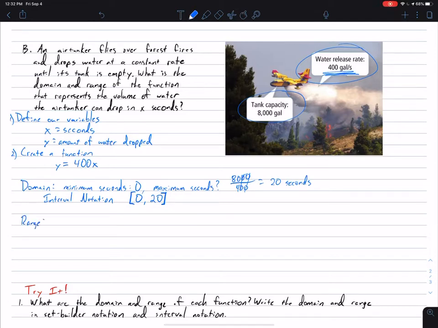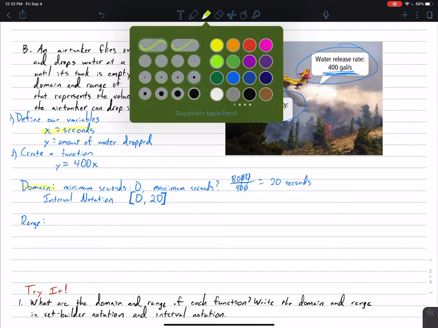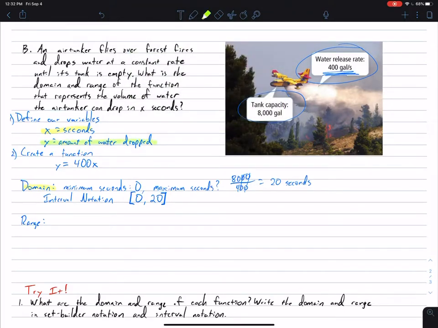Now let's take a look at the range. We need to see what values Y can be. Well, what is Y? Let me highlight some stuff here. X was the number of seconds, and Y is the amount of water dropped. That's going to be our range. So how much water can we drop? Again, we need to look at a minimum.